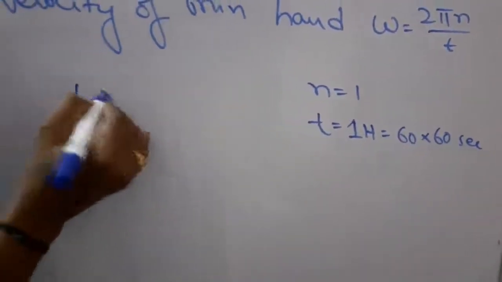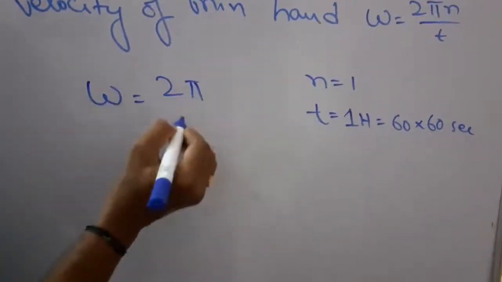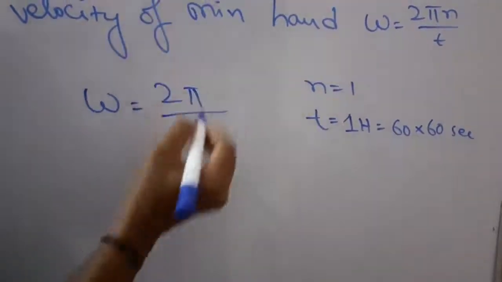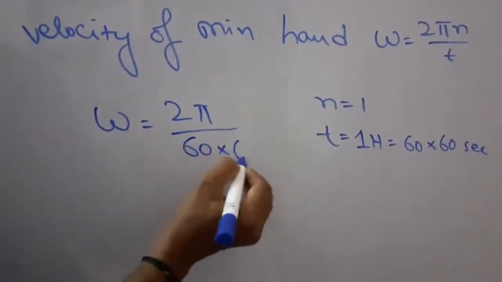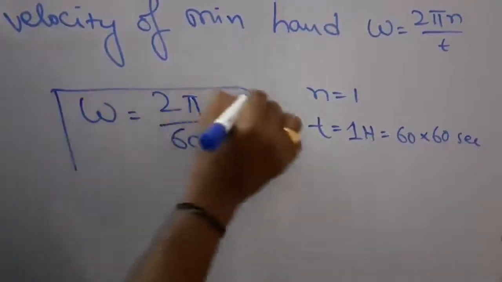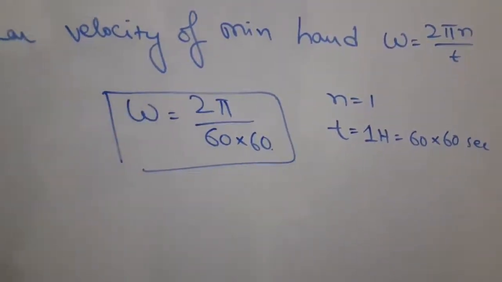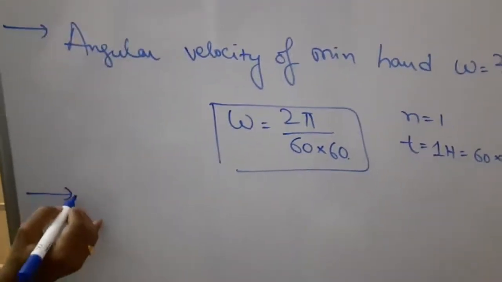Therefore, omega equals 2 pi divided by 60 into 60. This is the angular velocity of the minutes hand.